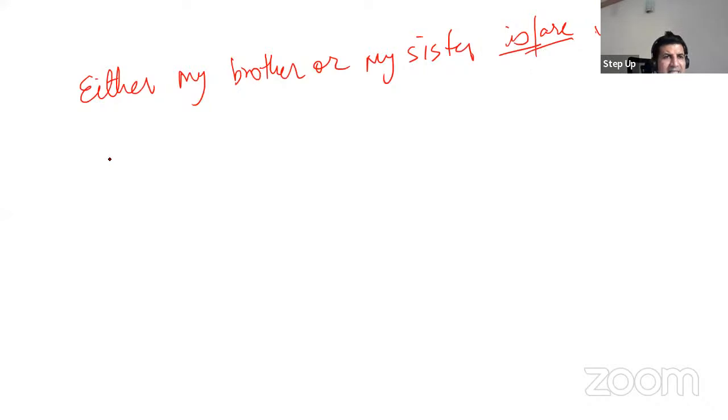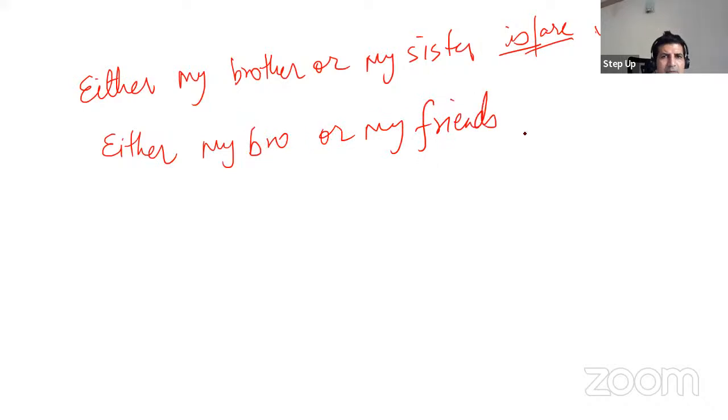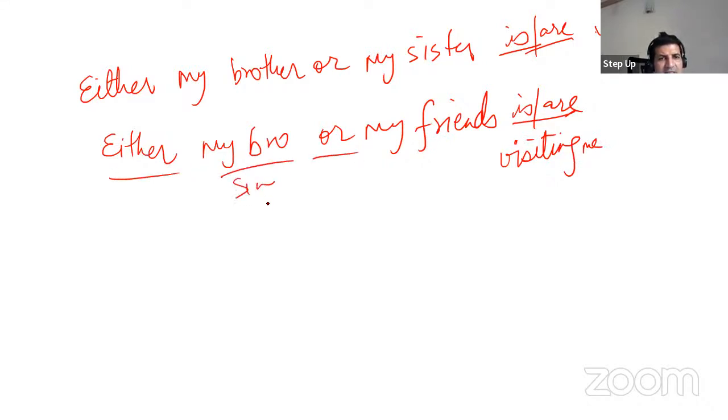Now, the only thing is, sometimes it is either my brother or my friends visiting me. So either or, but one side is singular, one is plural. Do you know how we will choose this?